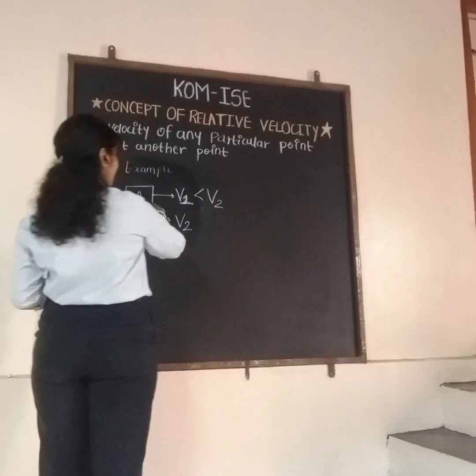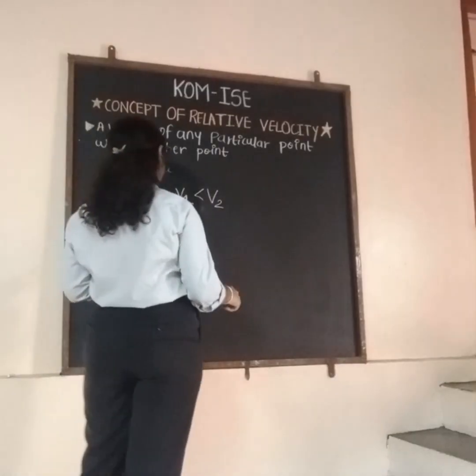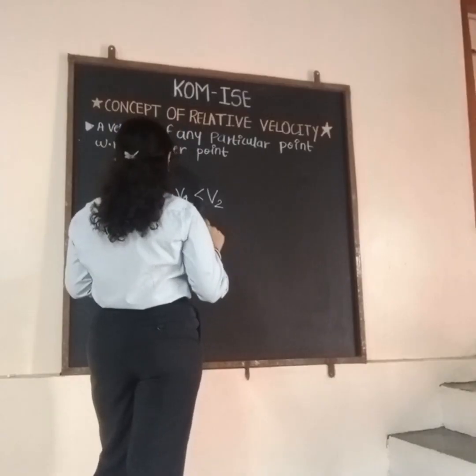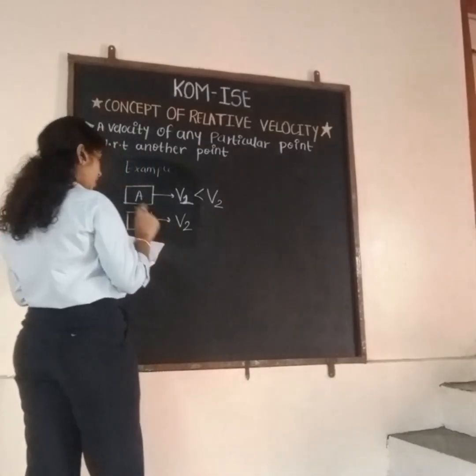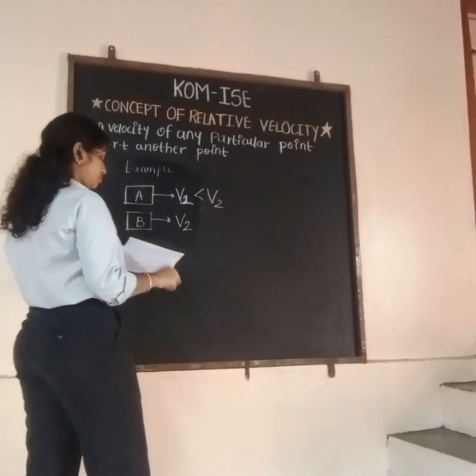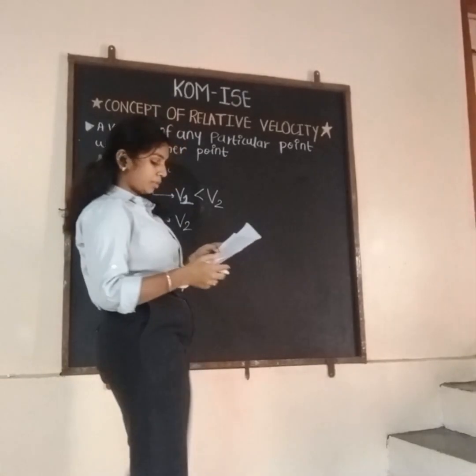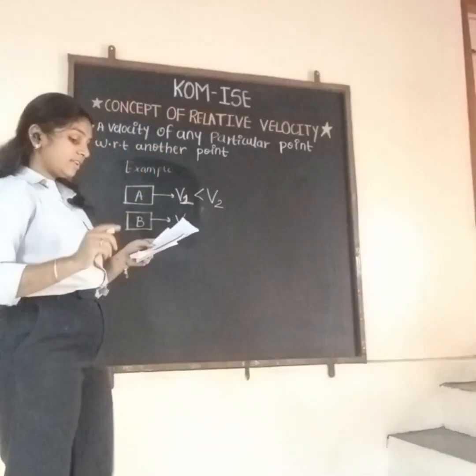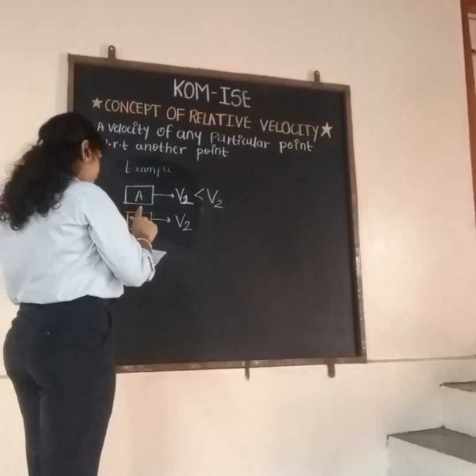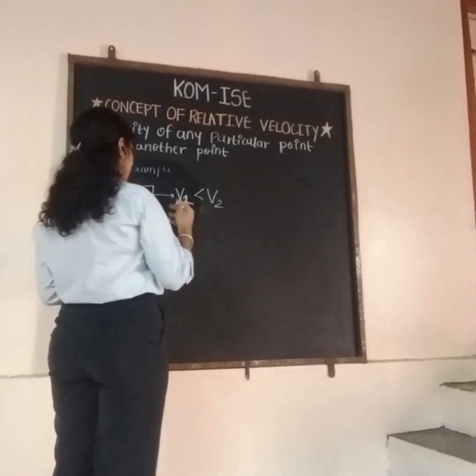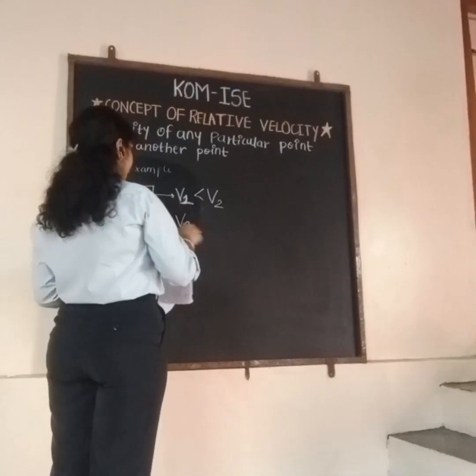So body A will move faster than body B. So body A is moving with respect to body B, or relative to body B. So we can define the relation between these two bodies, and this relation is called relative velocity.